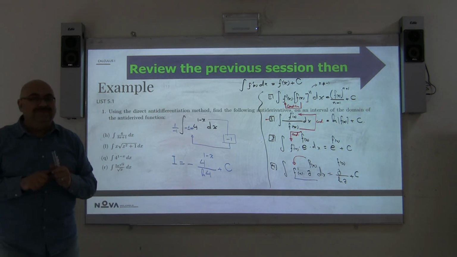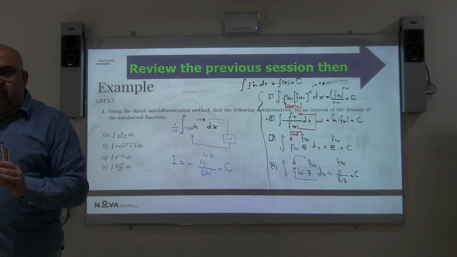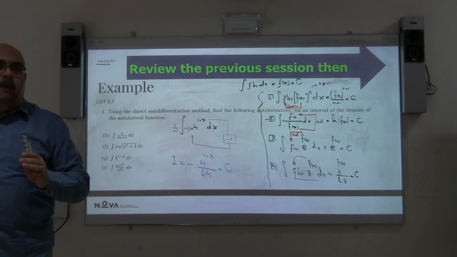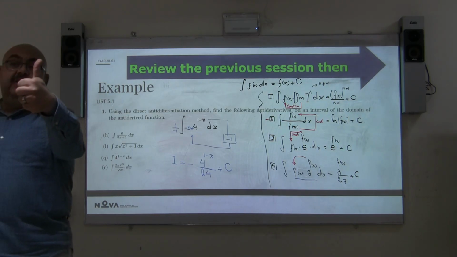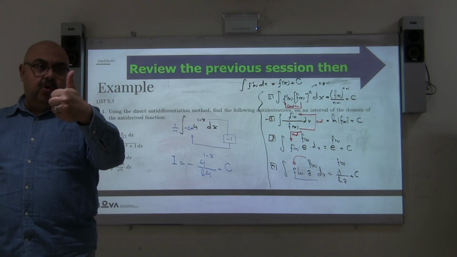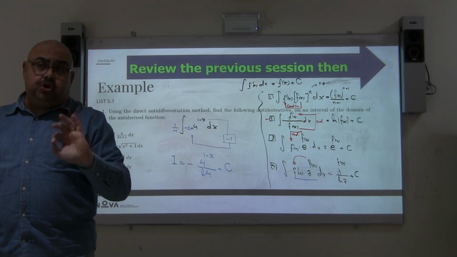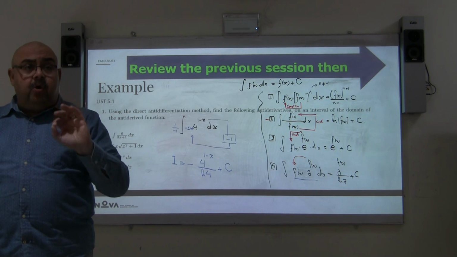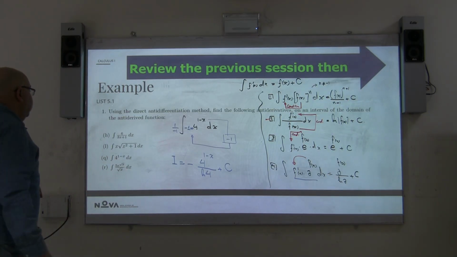That's the integration. So, as you can see, the antiderivative with the direct methods or with the direct rules is really very simple. All you have to do is, first, memorize the laws. Number 2, free your mind. Number 3, start to apply the law as it should be with the condition, then your answer will be guaranteed.